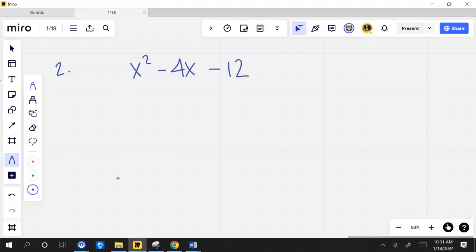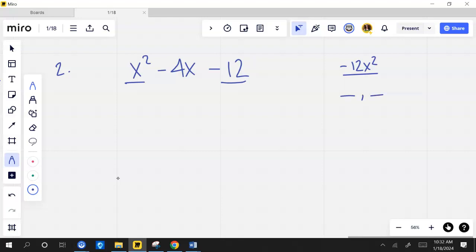This is where it starts getting a little bit trickier, right? Because look what happens when I multiply the first and the last together. What do you get? Negative 12. Now, what's the only way to get a negative number when you multiply two things together? A positive and a negative. So as I look at my two factors, one of them needs to be negative and one of them needs to be positive.